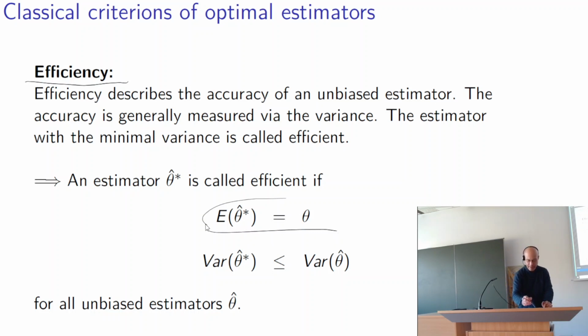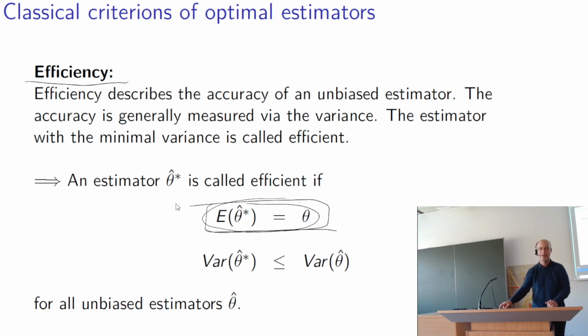So from this property, I can calculate many estimators, let's say 50 different types, and all these estimators have these properties.